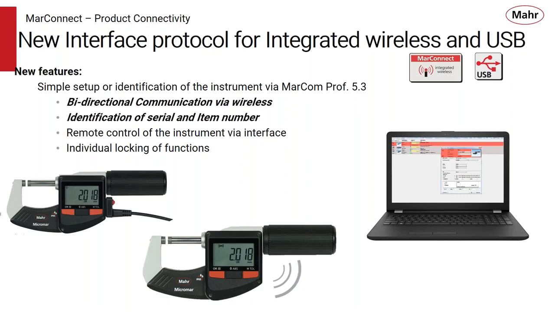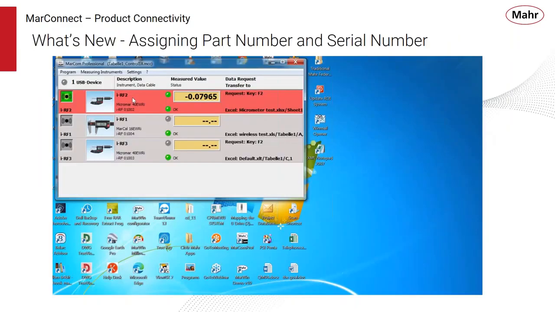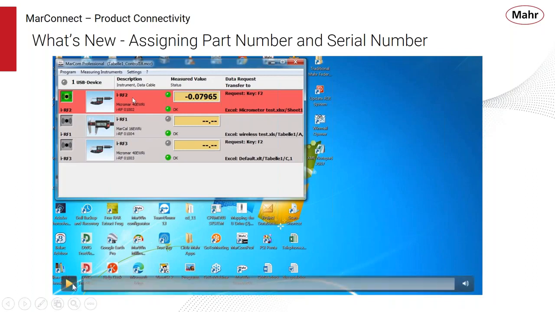All those things can be done on MarCom. So with two-way communication, there's a lot more power built into the system. So like I said, the big one is, I think, assigning part numbers and serial numbers.